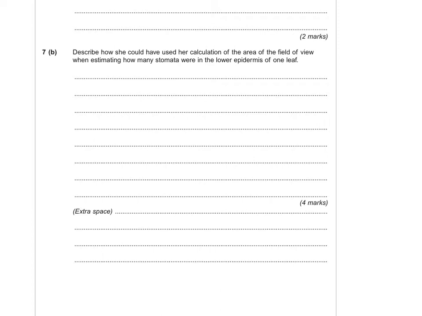So we need to draw around the leaf on graph paper and then calculate the area of the leaf from that. I could say how to do that if I'm running out, if I haven't got 4 marks in a minute.